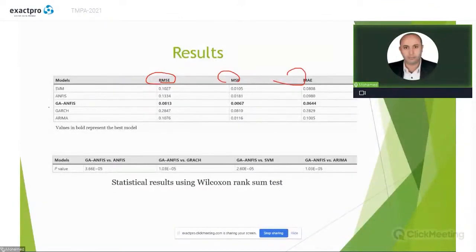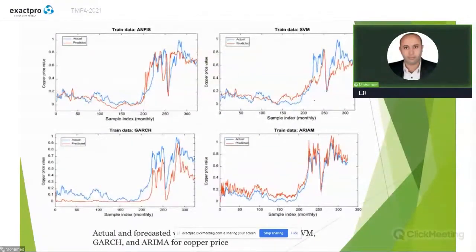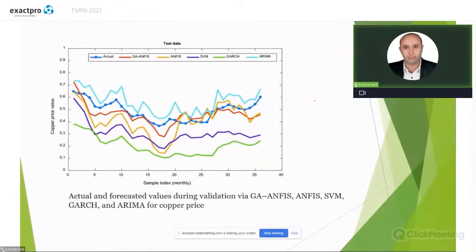We found that the GA with ANFIS still provides better results than other techniques, especially the traditional ANFIS. This is the historical data and the predicted data using different techniques, and this one is the actual forecasting.